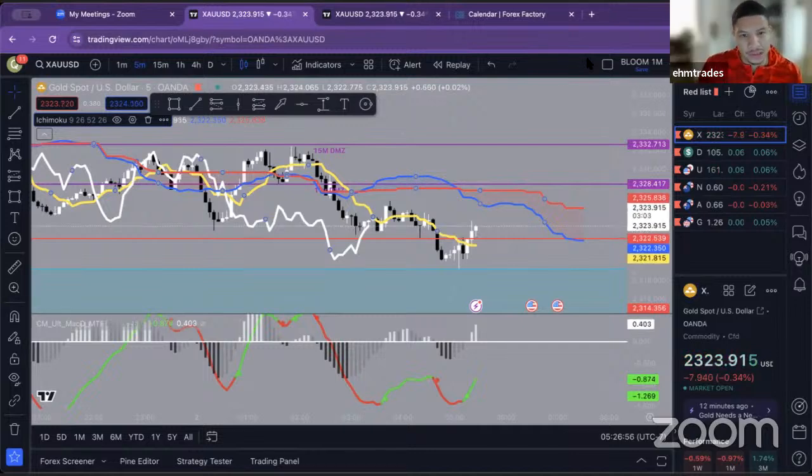It has the interest rates right here, in case we wanted to see if it gets adjusted, or just to be aware of when they meet about that type of stuff, because it literally shows the next meeting about the interest rates.